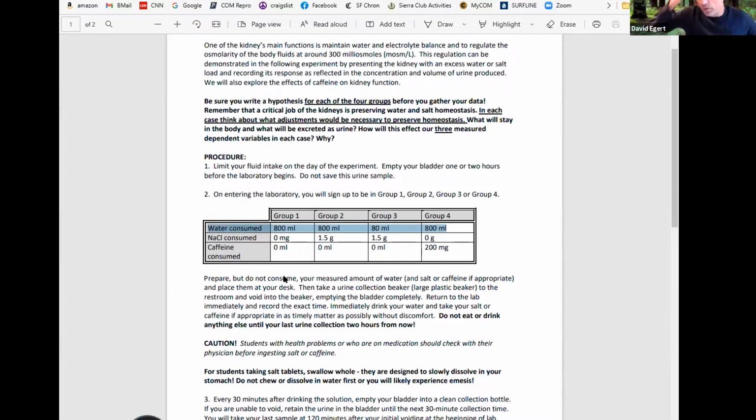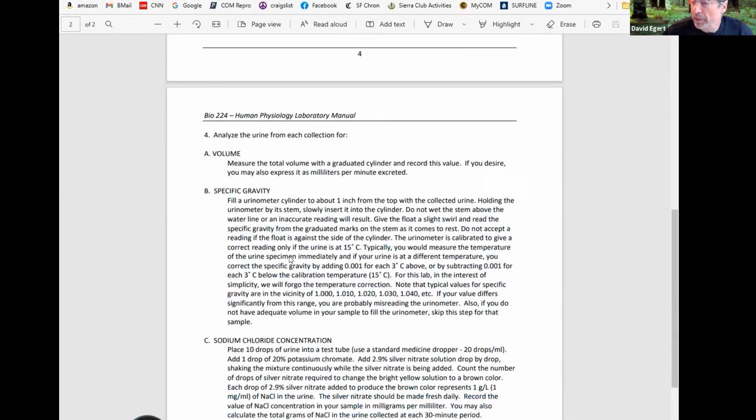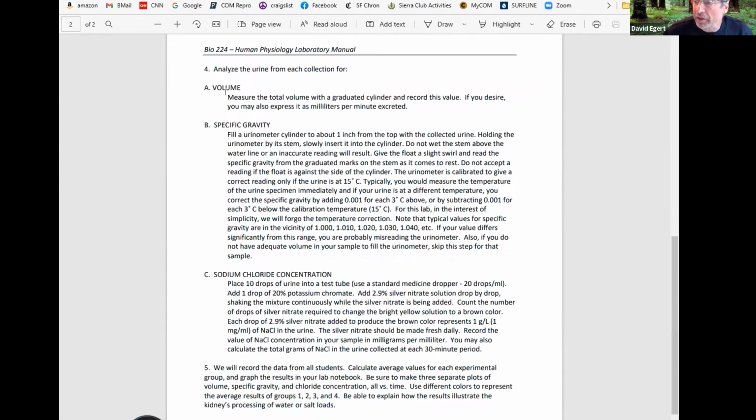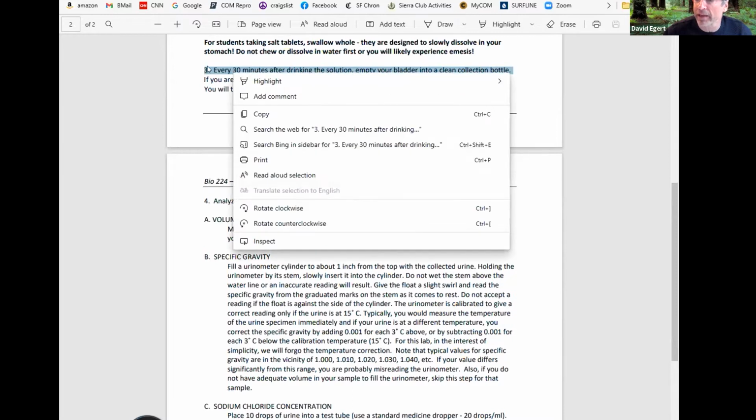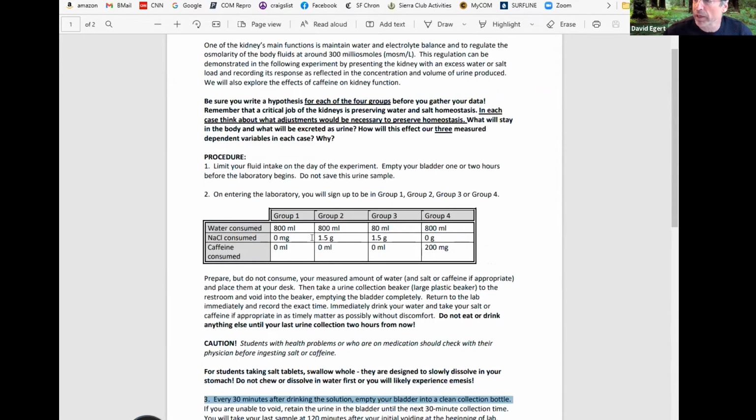And then what we're going to do for the people in these different groups is monitor the volume and composition of their urine. We're going to be collecting urine every 30 minutes. So after they take their treatment, whatever they are supposed to do for their group, then every half hour they have to pee.